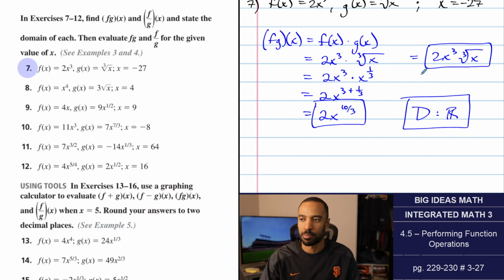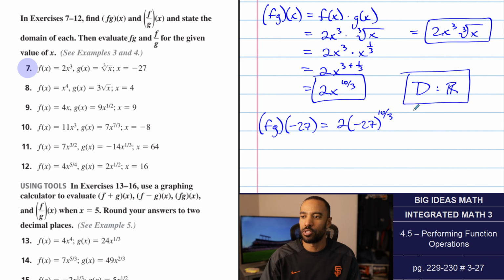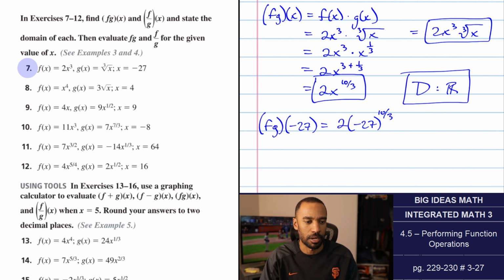For example, let's substitute negative 27. Let's do f times g of negative 27, and honestly, guys, I'm going to use the calculator no matter what I do. 2 times negative 27 to the, fine, let's do 10/3. This is a pretty big number.